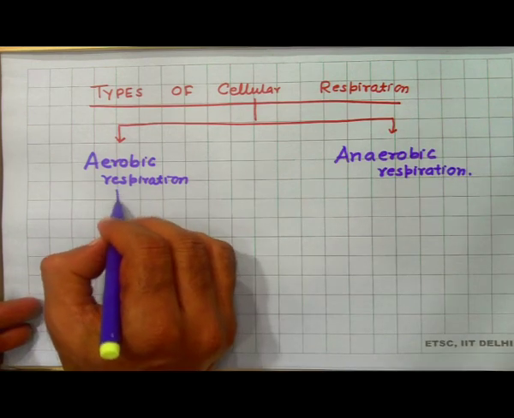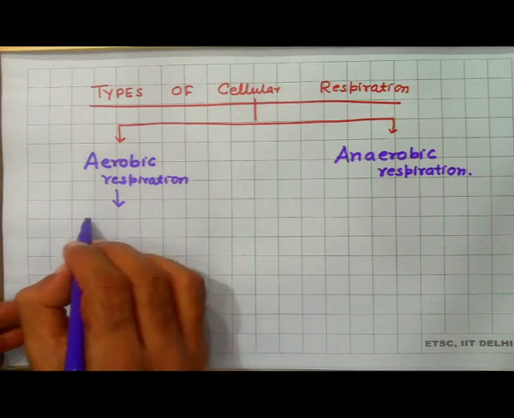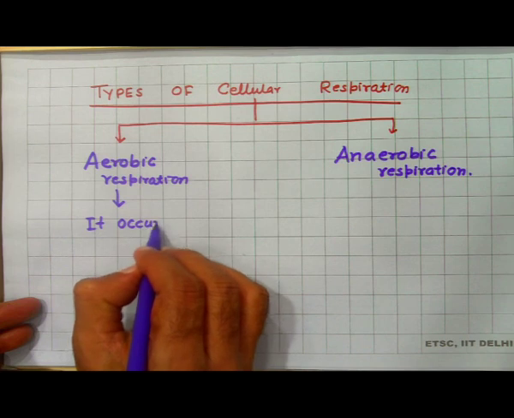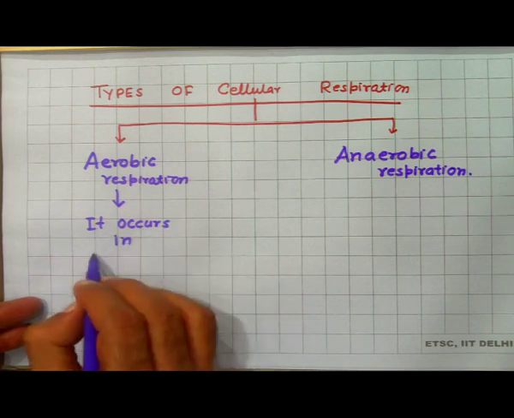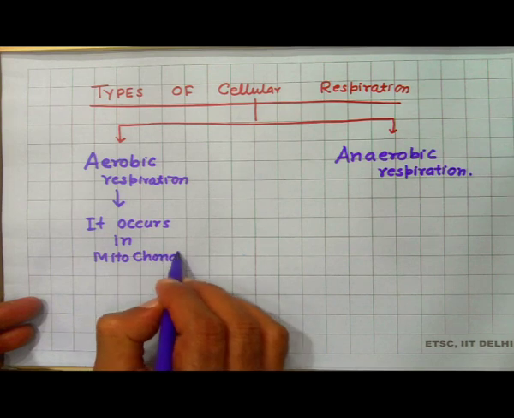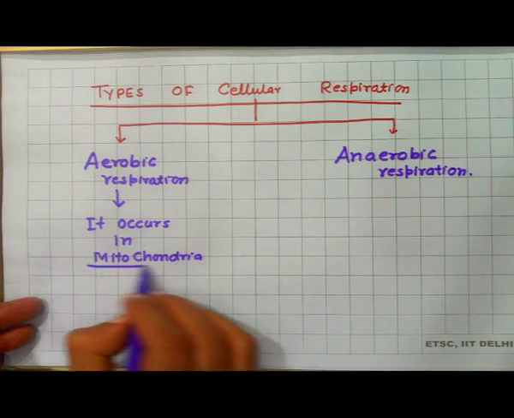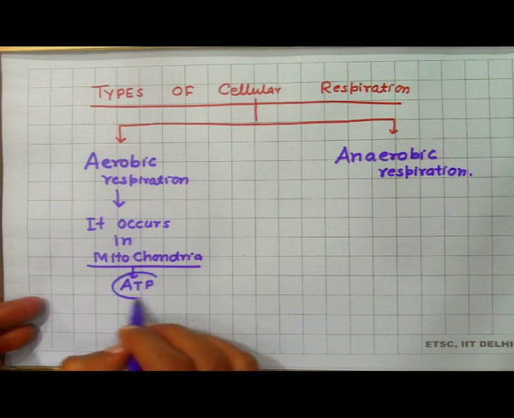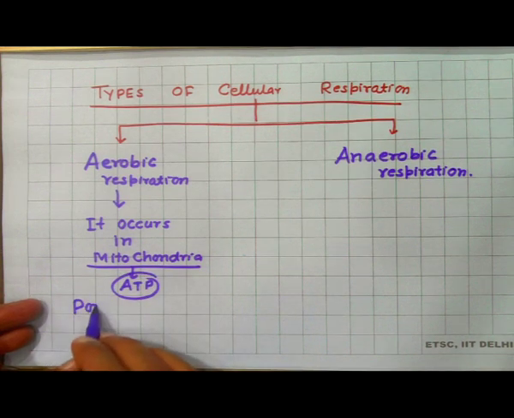Aerobic respiration, as we have discussed, occurs in mitochondria, and ATP is formed there, so the mitochondria is called the powerhouse of the cell.